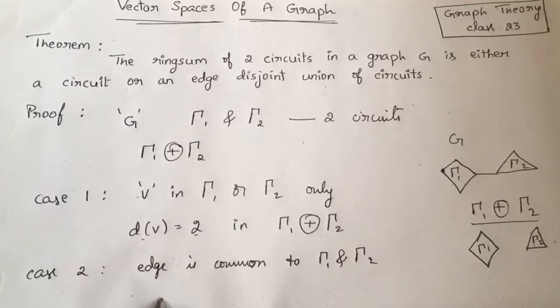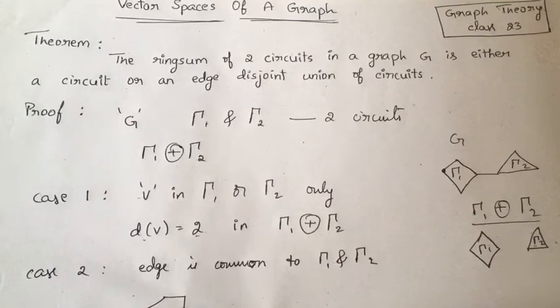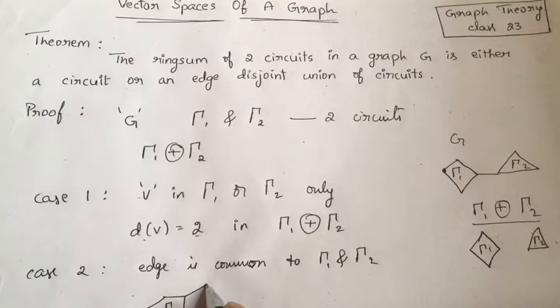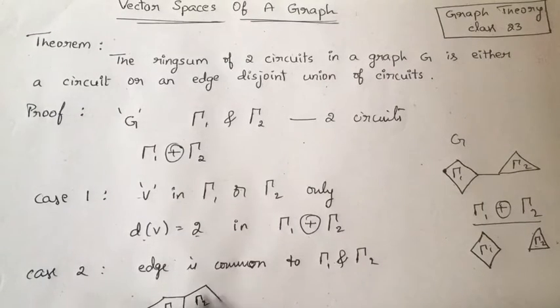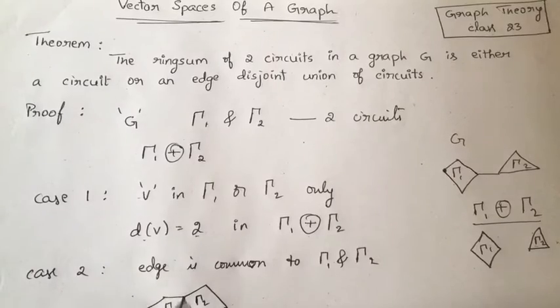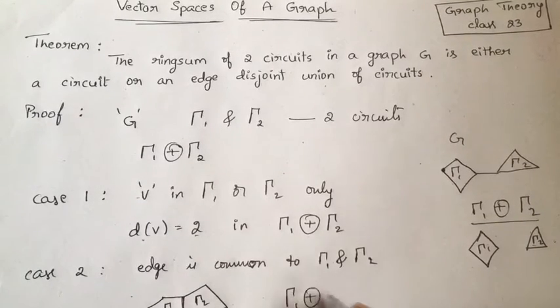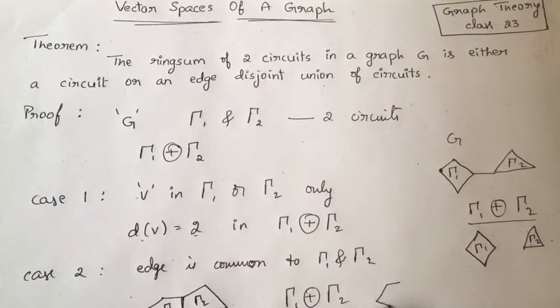Suppose it's something like this. Suppose this is my circuit gamma 1 and this is another circuit gamma 2. They have a common edge. So when I take the ring sum gamma 1 ring sum gamma 2, there will be something like this.